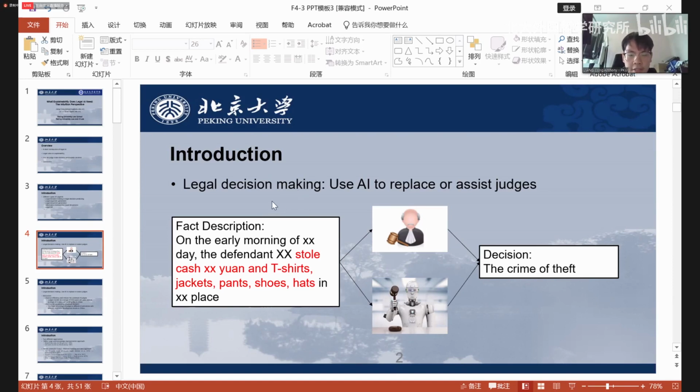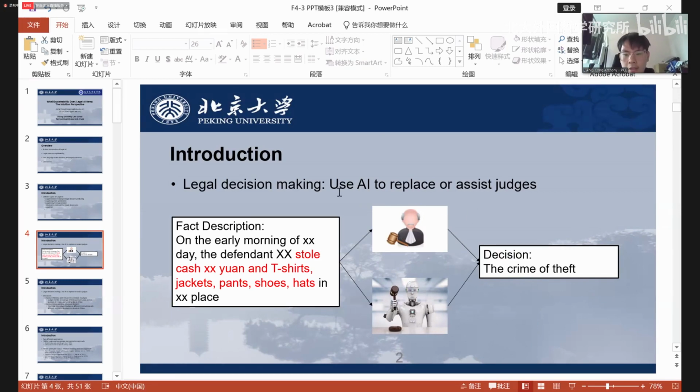This is a criminal case, and this is the fact description of the case. One day, the defendant stole some cash, some shirts, a jacket, and something else in some place.